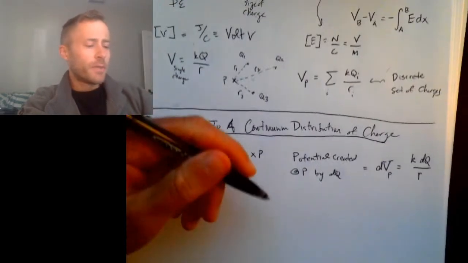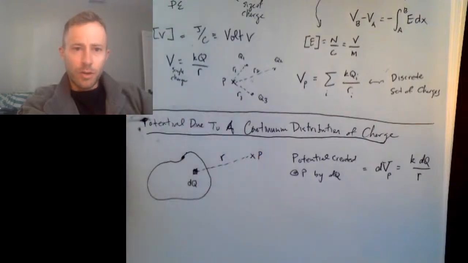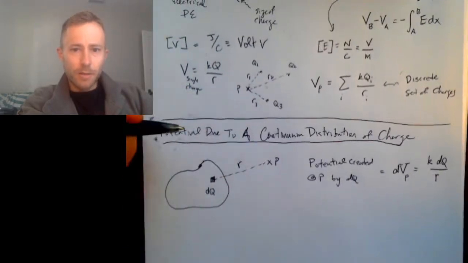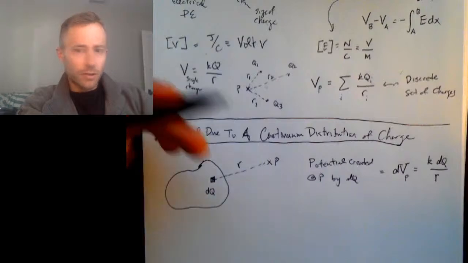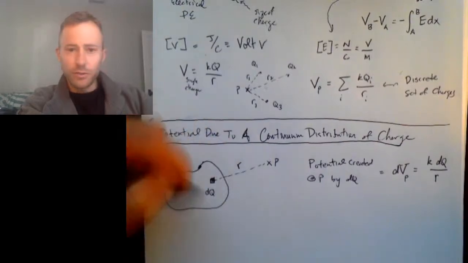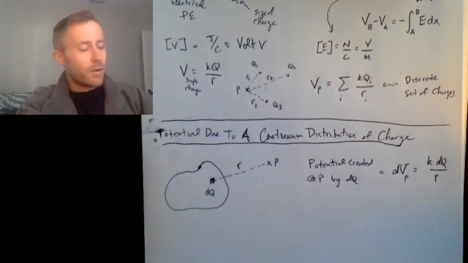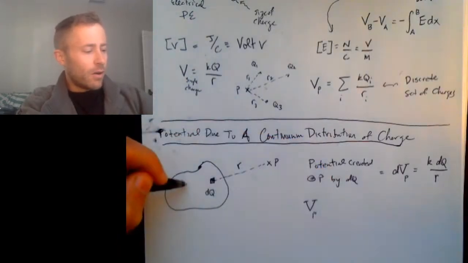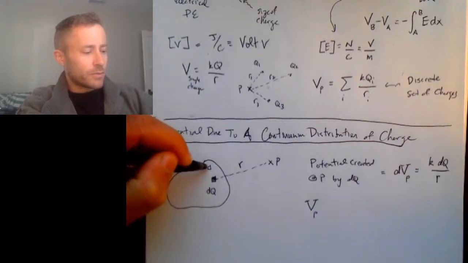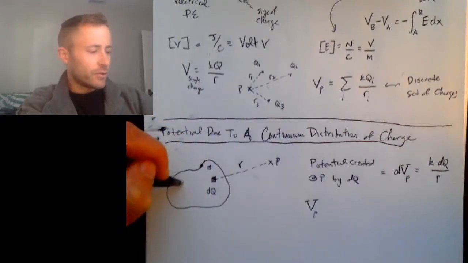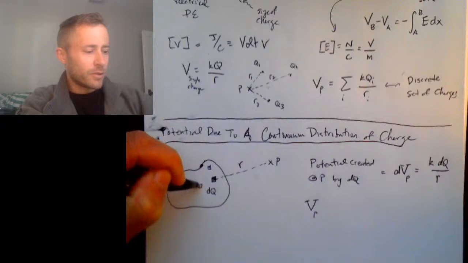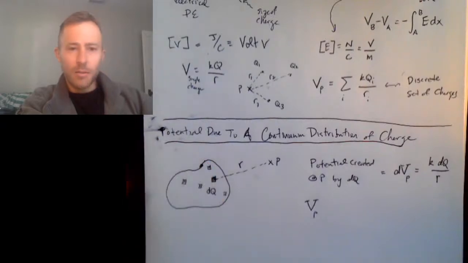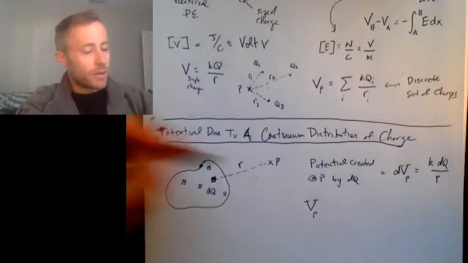Now, what do we do if we want to know what is the total electric potential due to all of the charge distribution at point P? Well, we have to sum up all of the contributions. So from this little bit of charge, from this little bit of charge, from this little bit of charge, from this little bit of charge, add them all up. And the calculus term for that is integration. Okay?